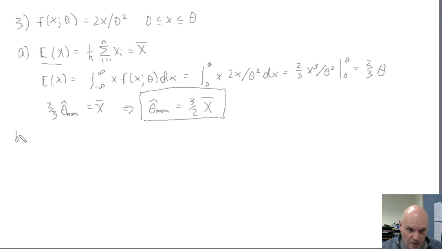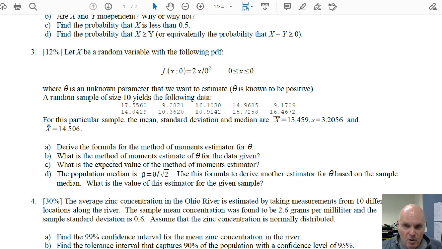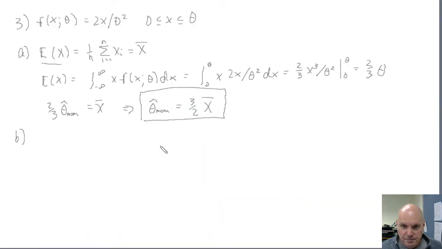Okay. Part B is just asking what, for this set of data, is the corresponding method of moments estimator for theta? Just plugging in, we're given x bar, which was actually given to be 13.459.